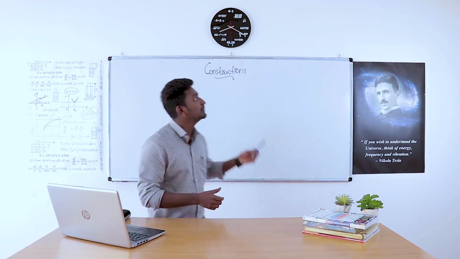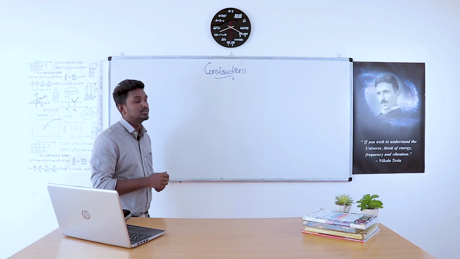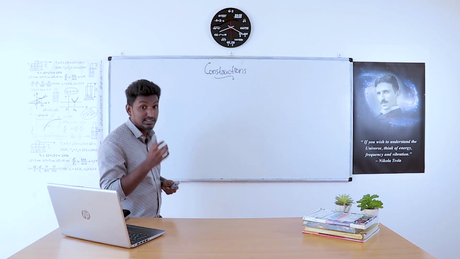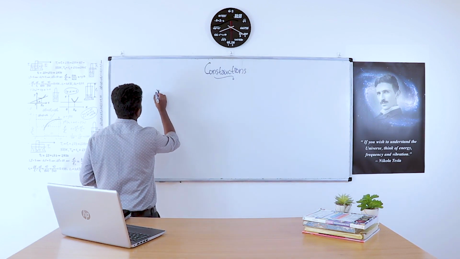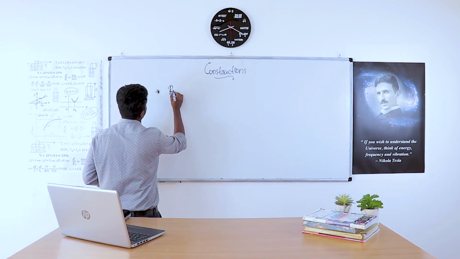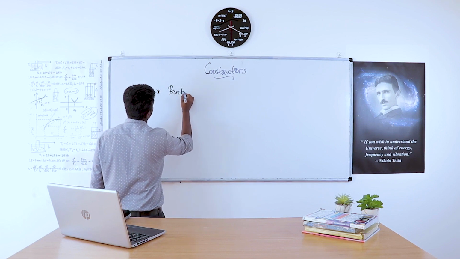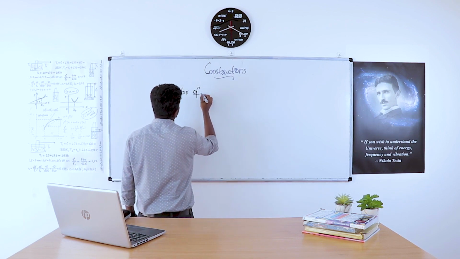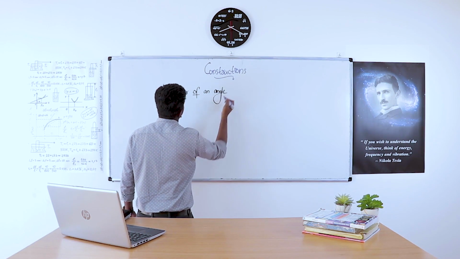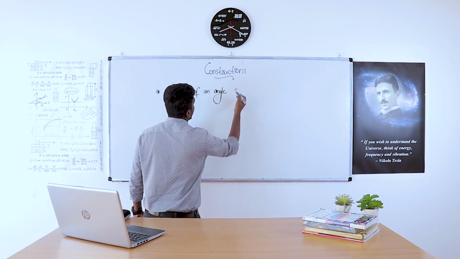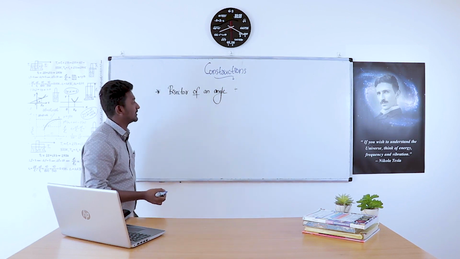So basically now I am going to construct the bisector of an angle. Our first method is the construction of the bisector of an angle. How can we construct the bisector of an angle?